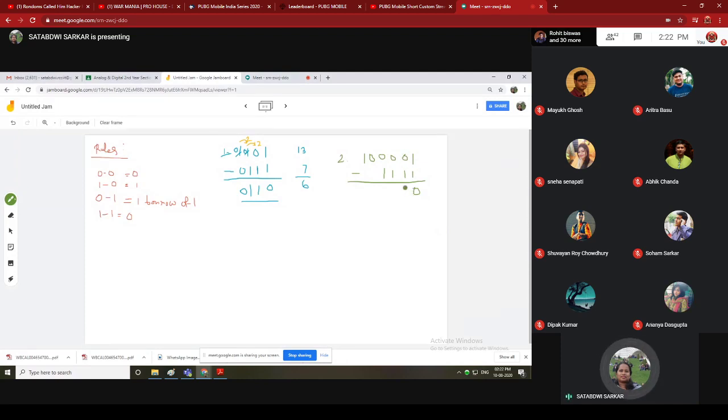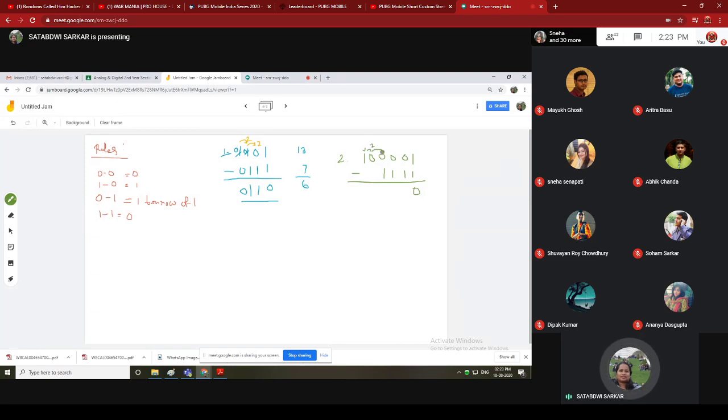Now 0 minus 1, it is not possible, so we have to borrow 1. Here 1 is not present, here also 1 is not present, here also 1 is not present, but we have 1 here. So we have to borrow this 1 from this to this. So the value is 2.